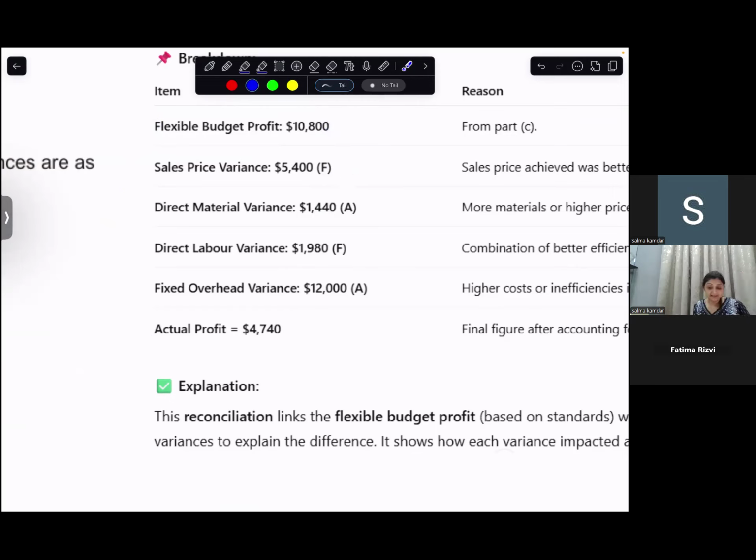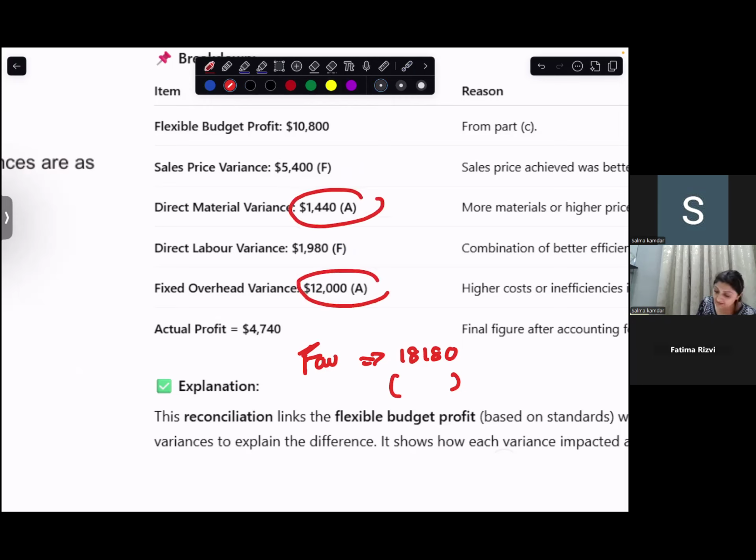So 10,800 plus 5,400 plus 1,980. These are your favorables. So your total favorable is how much? 18,180. And your adverse you will subtract. So adverse is 13,440.